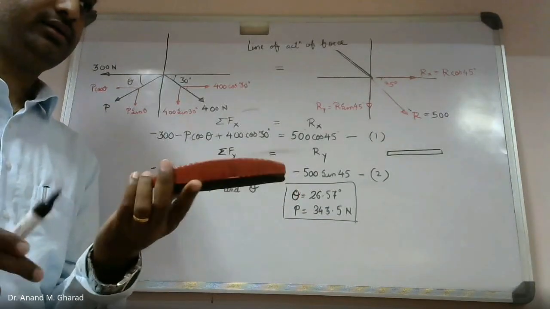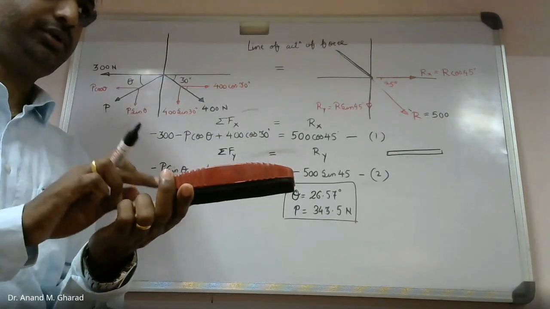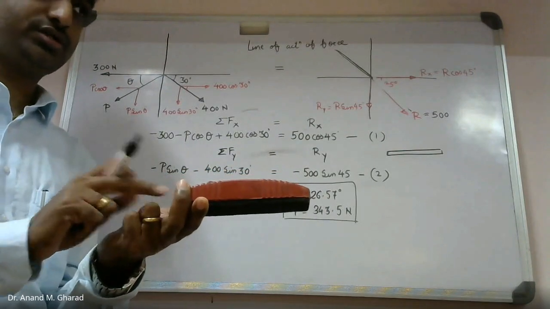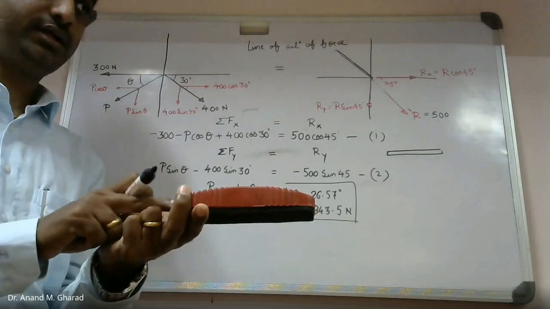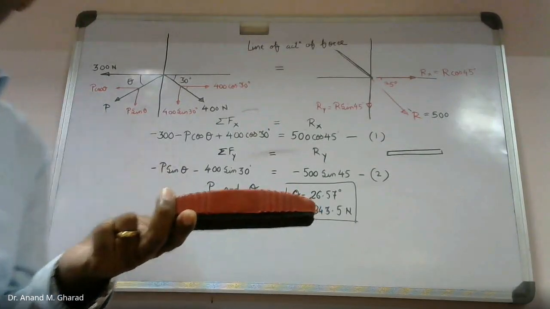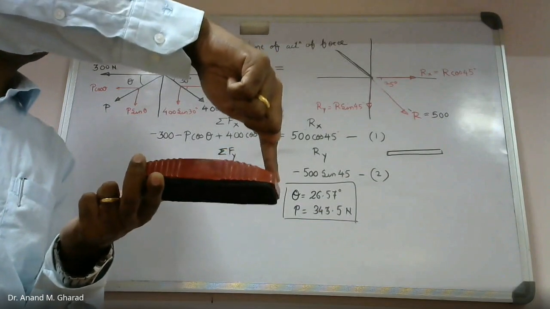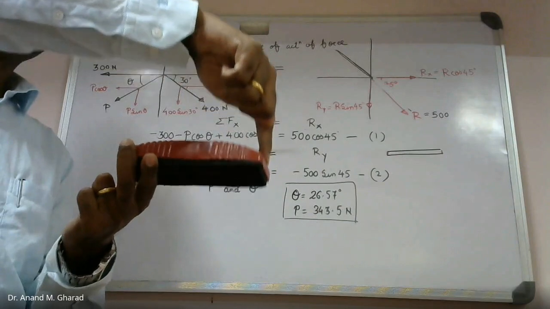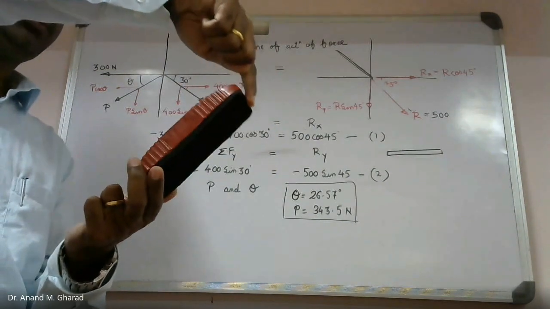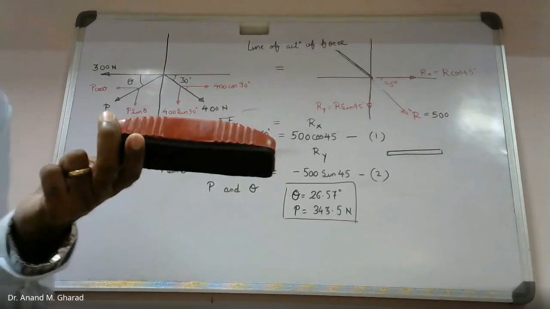This is a duster, and I am clamping this duster at this location. That means I am holding this at this point. If I apply some force like this, what do you see? I am applying some kind of force like this. The object is rotating.